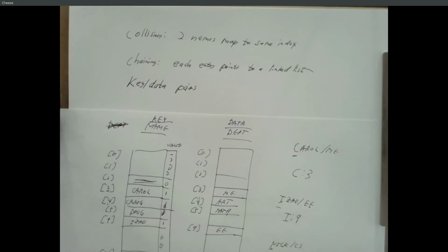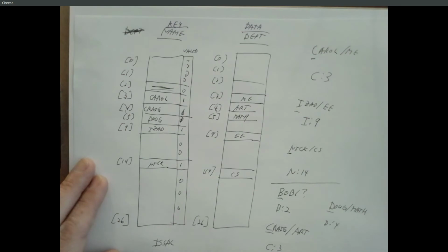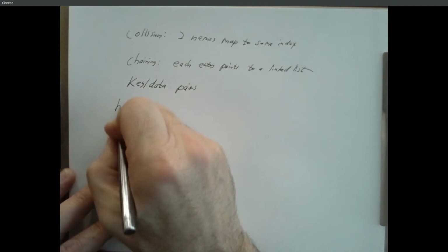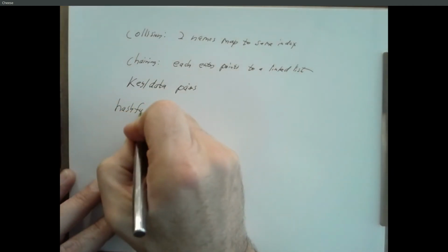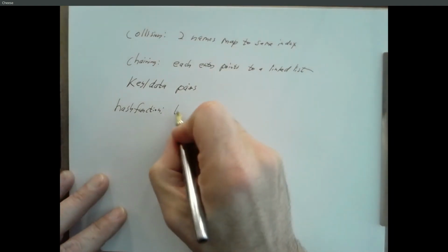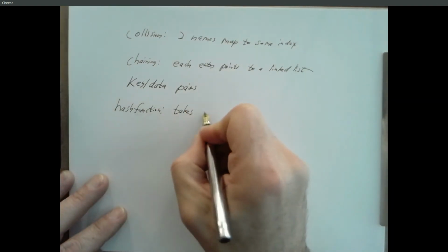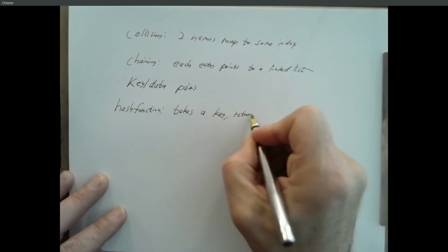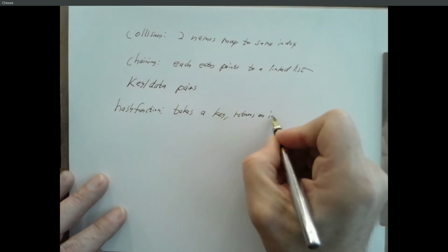And now you get a number from 0 to 999, and you could make these arrays 1,000 elements long. And so this is what we can generally describe as a hash function. A hash function takes a key and returns an index.